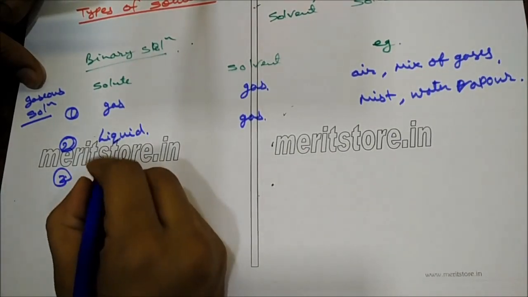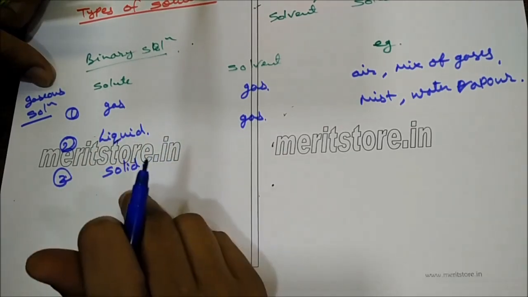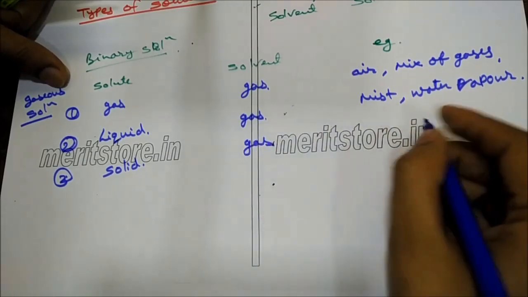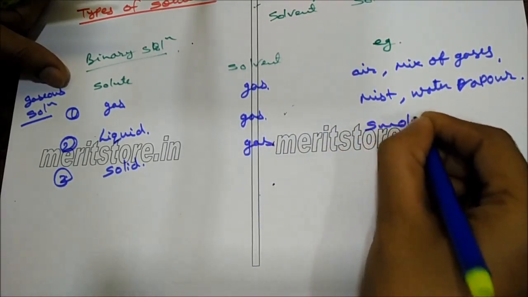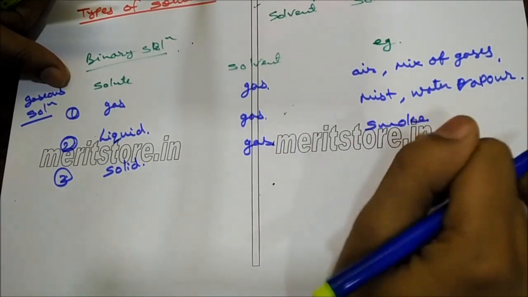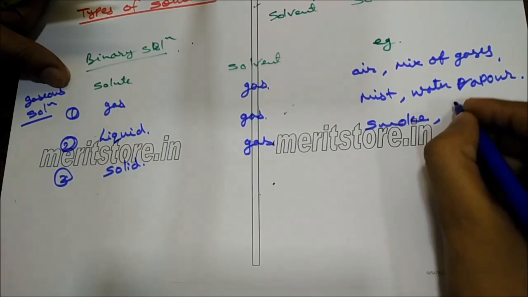The third one is solid. If we are taking solute as a solid and the solvent is again gas, we can take example of smoke. In smoke, dust particles or smoke particles are dispersed in air, or we can take sublimation of a solid into gases.